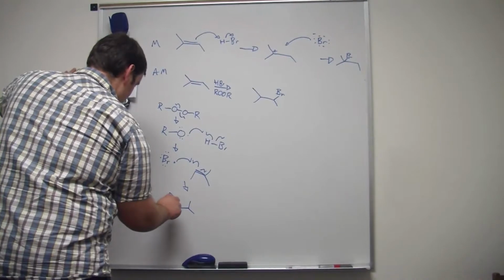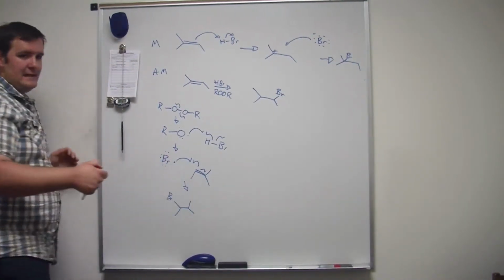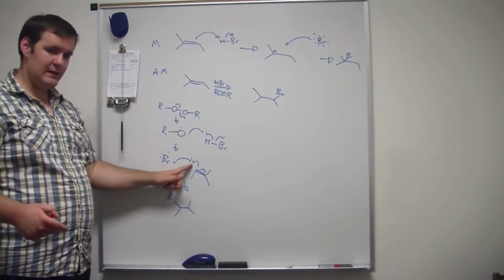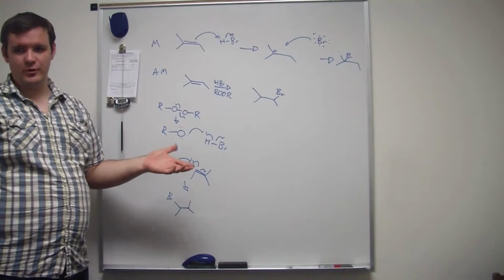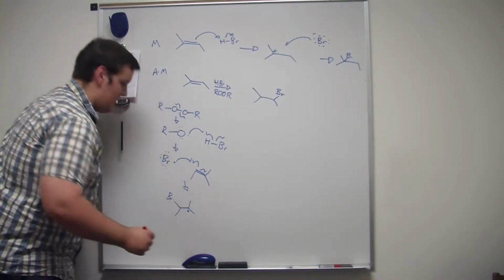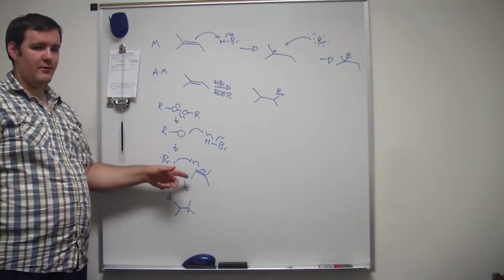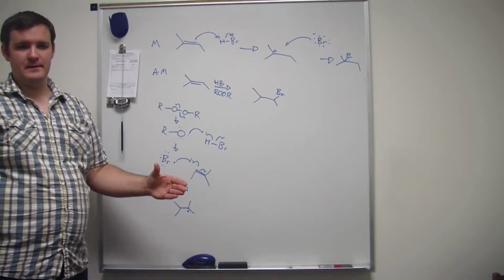Say that one more time. Because when this free radical bromine is adding, it's going to take one of the electrons from the double bond. The other electron needs to go to a carbon, so we're going to form a free radical carbon here. Okay. And since the bromine's adding first, the free radical wants to be stabilized. It's just like a positive charge.